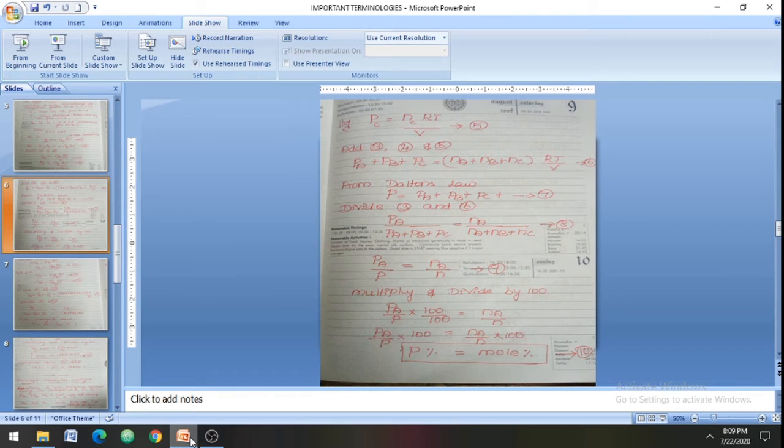For this case, you apply Dalton's law here. PA plus PB plus PC is equal to what? Total pressure, that is P. Similarly, NA divided by NA plus NB plus NC is equal to N. Multiply and divide by 100, the value is not changed.